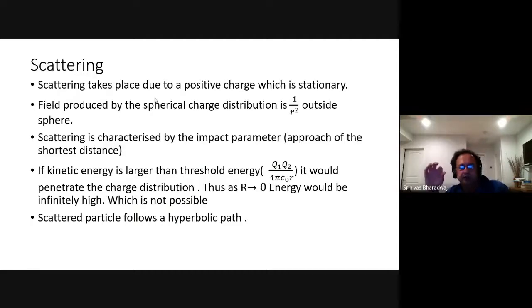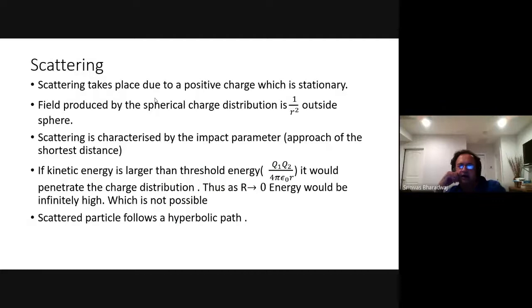Because as you know, like charges repel, right? The protons in the nucleus had the same charge as the alpha particle. So when the alpha particle came, it would boomerang, like a boomerang. It would return. It would almost turn around and come back. Okay, so scattering is characterized by that impact parameter. And therefore, if your kinetic energy is larger than the threshold energy, it would penetrate the charge distribution.